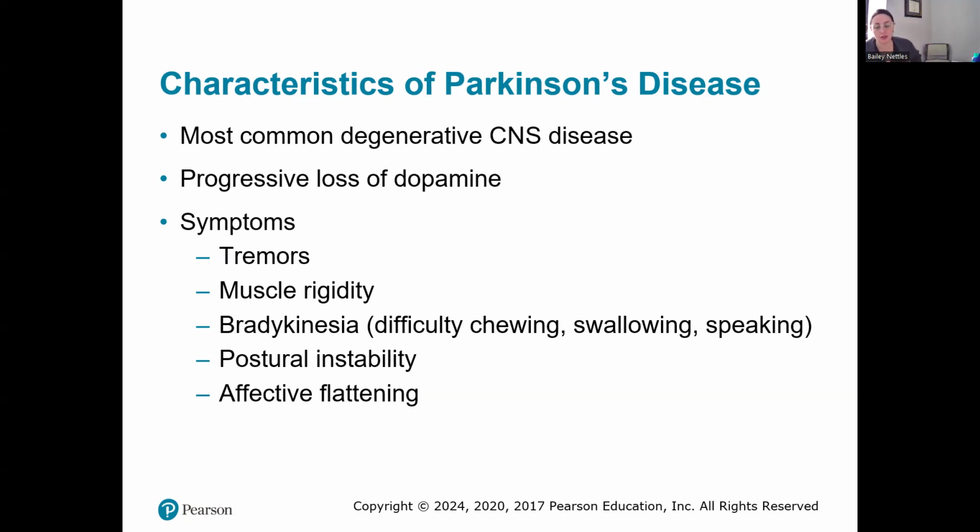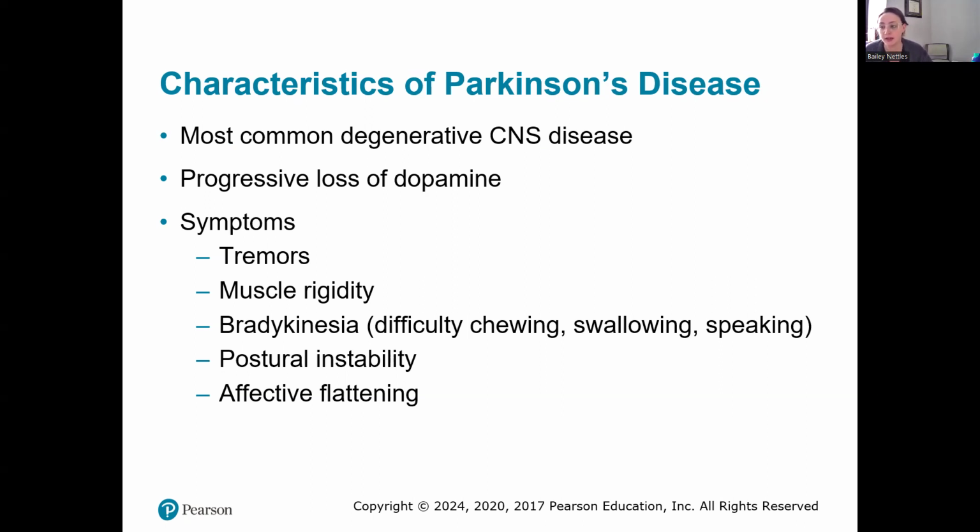With the progressive loss, you have increased spasticity, so you become more spastic. It's also the degeneration and destruction of dopamine producing neurons. It affects a part of the brain that controls unconscious muscle movement.